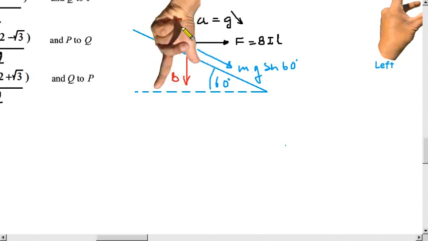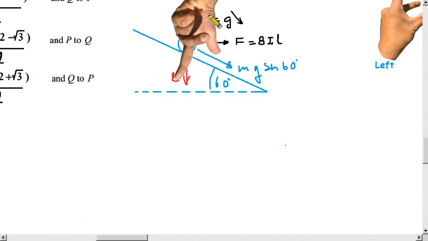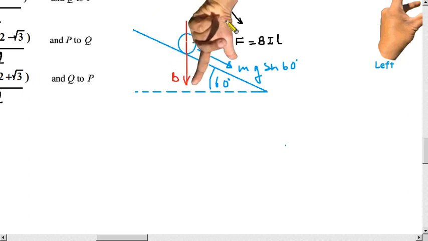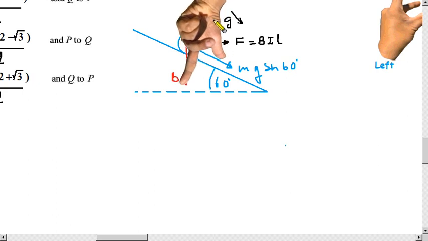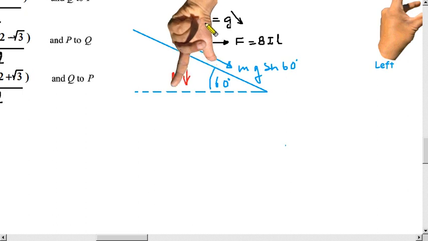Then the current should come out of the paper. The thumb is directed to the right side. So that is what we want. The force should be directed to the right side because it should move downwards. So B is downwards, so our index finger is downwards.